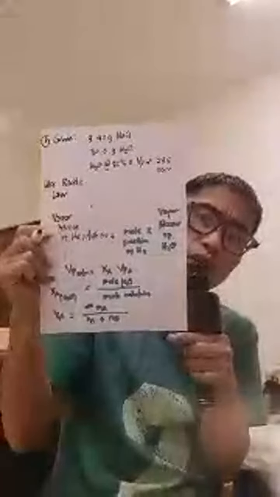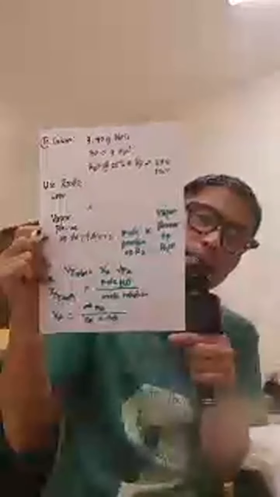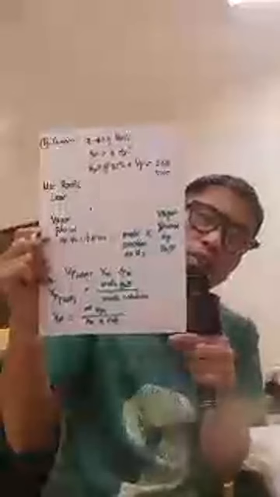So it will become X A, the mole fraction of water, equal to the number of moles of water over the moles of water plus the moles of sodium chloride as B. We need to compute those one by one so that we have a mole fraction, because the vapor pressure is already given. So it's very easy to solve, right?